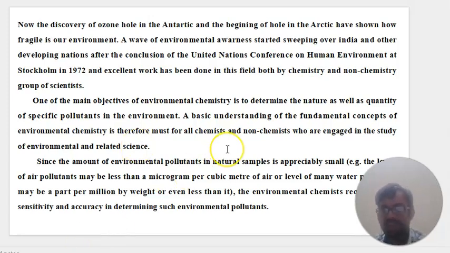The amount of environmental pollutants in natural samples is appreciably small: the level of an air pollutant may be less than micrograms per cubic meter, and the level of many water pollutants may be parts per million by weight or even lesser. So environmental chemists require high sensitivity and accuracy in determining such pollutants.